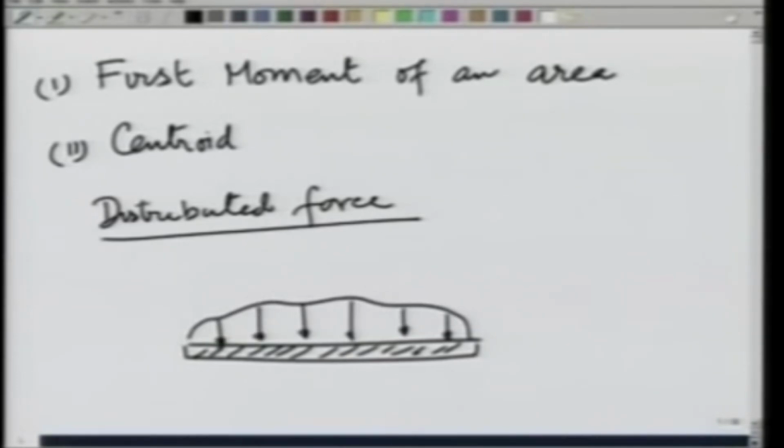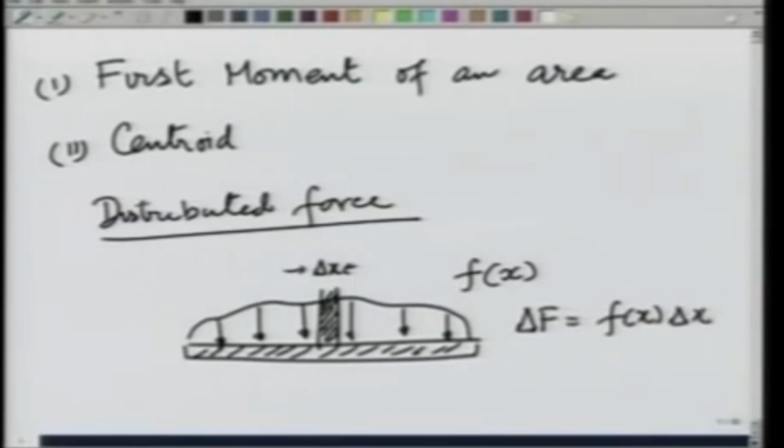The force may be described by a function f x, so that if I take a small section here, delta x length, the force on this section delta f is equal to f x times delta x. So, f x is nothing but force per unit length.